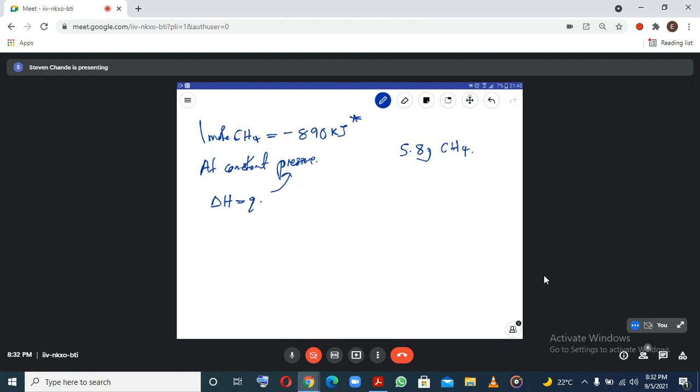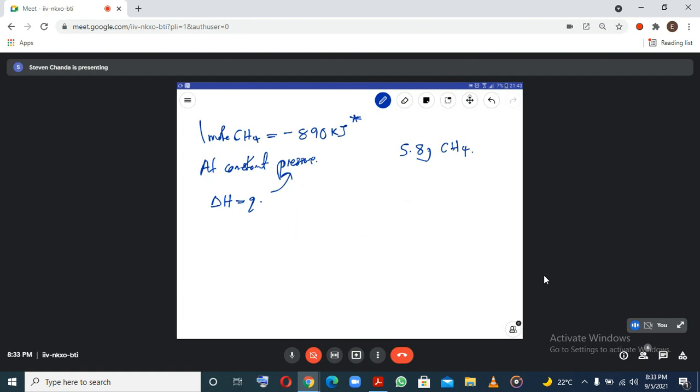Okay, so this question is talking about constant pressure, and we know one mole of methane produces that amount of heat. So we know that when one mole of methane undergoes this reaction, there is an enthalpy change. Now we've been given the mass. So what can we do with this mass?